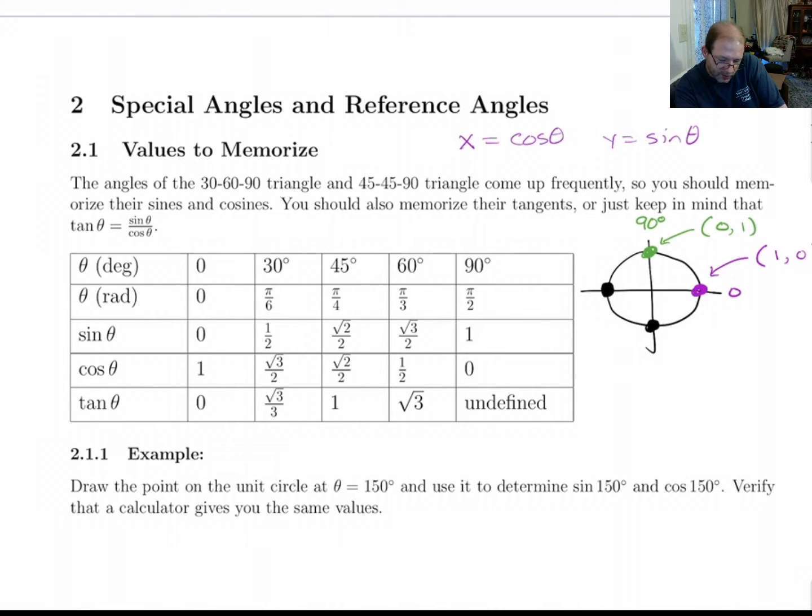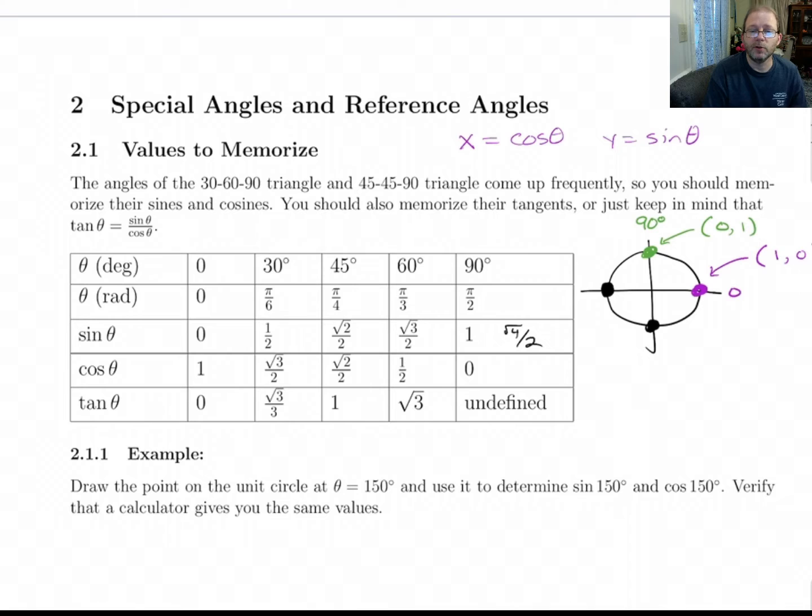But you should memorize this chart. And let me mention a couple of things about it. Notice for sine, if you look at the values going from left to right, this is 0, and then it's the square root of 1 over 2, square root of 2 over 2, the square root of 3 over 2, and the last one is the square root of 4 over 2.